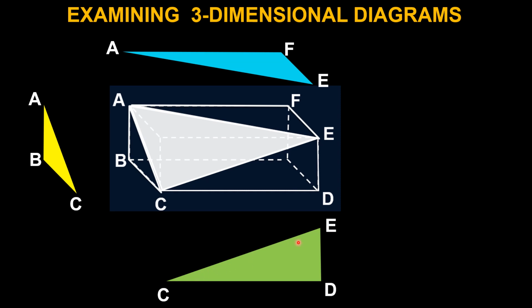So if I have this CE's measurement, I can use it there. The same there, I've got AE and it's linked to AE, right? And this is what we're going to do, and if you can manage to separate the triangles, it really will help a lot. Let's look at another diagram after this.